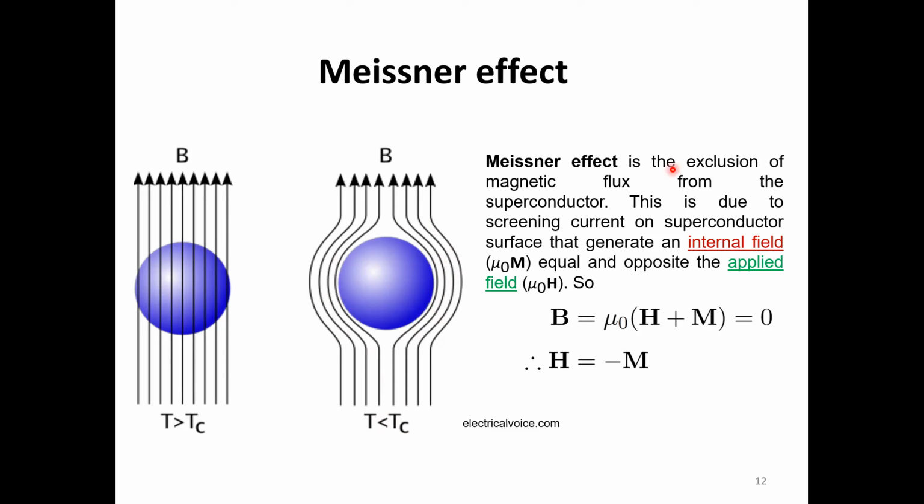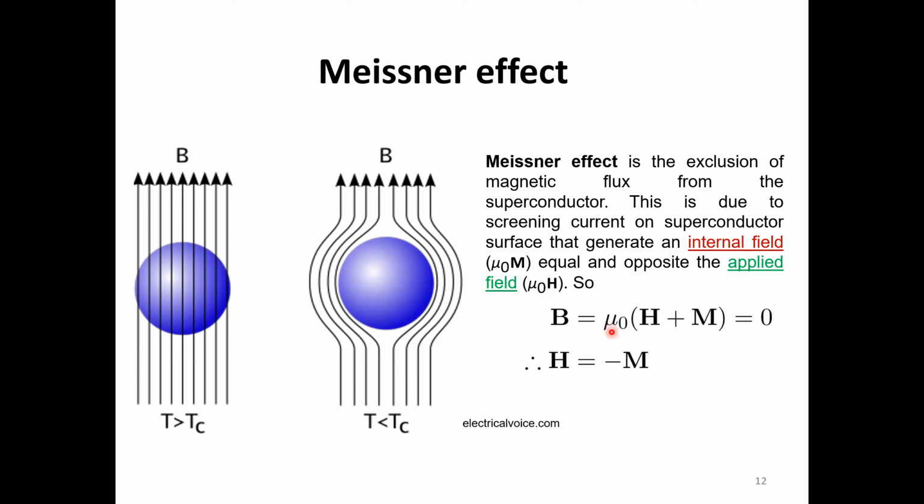So Meissner effect is the exclusion of magnetic flux from the superconductor. So this is due to the screening current on superconductor surface that generate the internal field mu naught M. So this is the internal field inside of this, and opposite to applied field mu naught H. Okay, so B is gonna be the total after subtract these two.